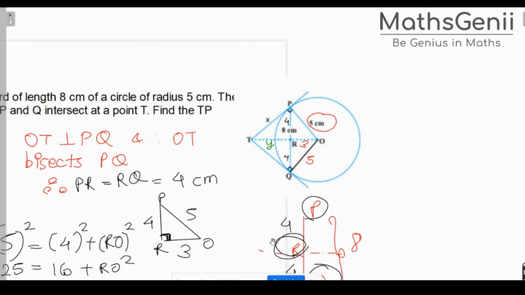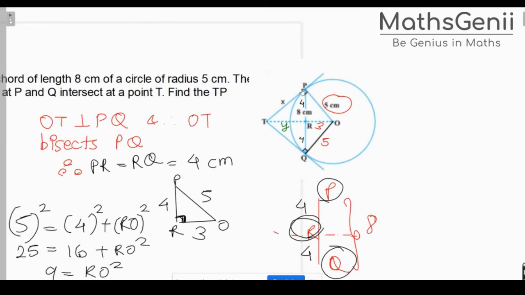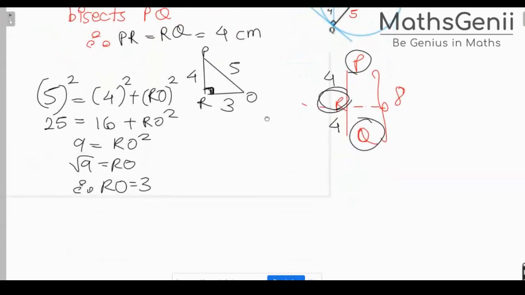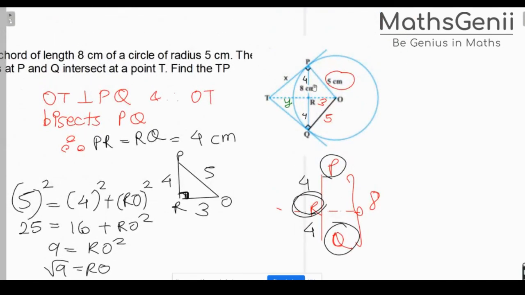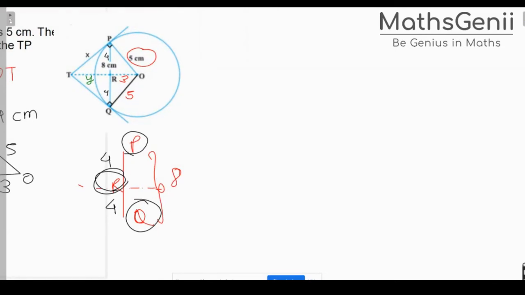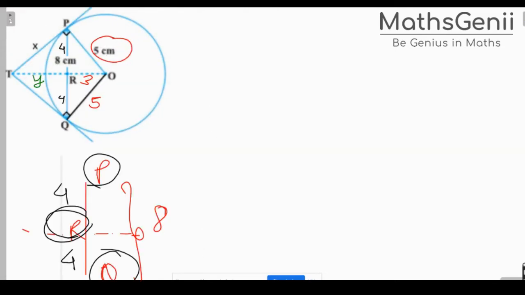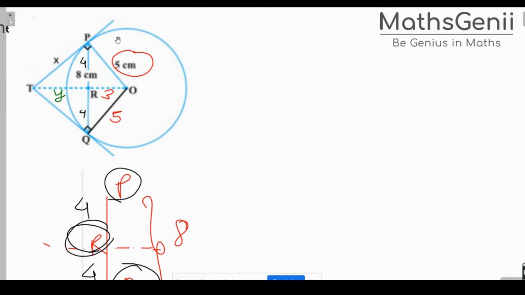Now let's move ahead. We want to ultimately find TP. Don't forget that. Now again, we will find it via Pythagoras theorem. We will apply Pythagoras theorem twice. So first in triangle PRT, let me draw it here for better convenience.